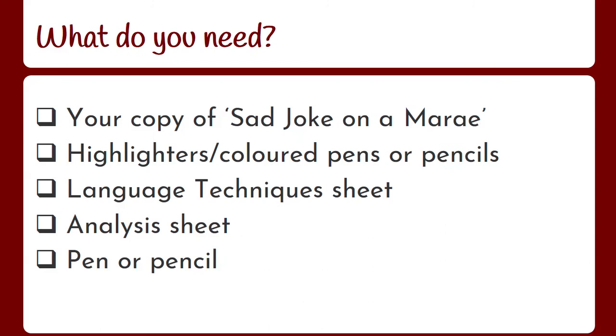So this is what you're going to need in front of you for this lesson. You'll need your copy of Sad Joke on a Marae, so the poem itself. You're going to need some highlighters or some coloured pens or pencils. Otherwise, it won't work very well for you. You'll need the language techniques sheet that I handed out to you a couple of weeks ago.